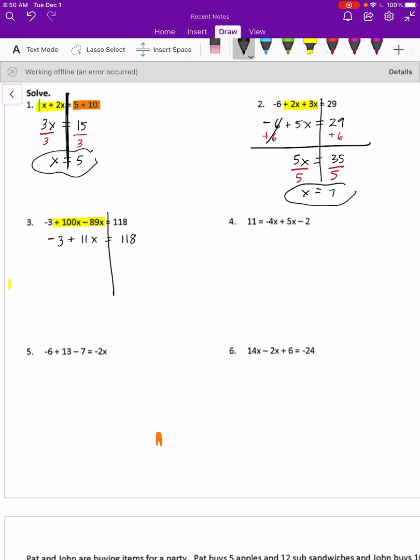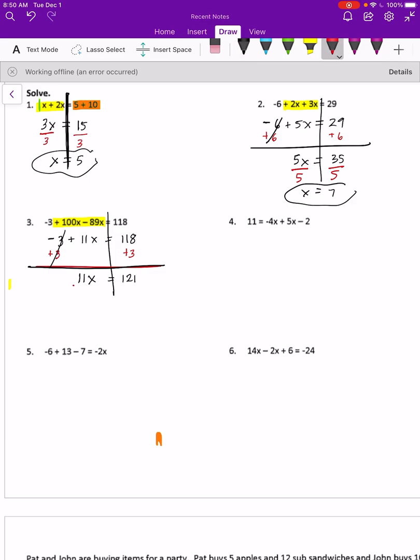And ladies and gentlemen, again, I have a two-step equation. So I've got to isolate my variable, get x by itself. Let's get rid of the buddy. I'm going to add 3, and I add 3 to the other side to keep my equation balanced. Sorry, I thought I picked up black. Then those cancel because negative 3 plus 3 is 0. That brings down my 11x, and 118 plus 3 is 121.